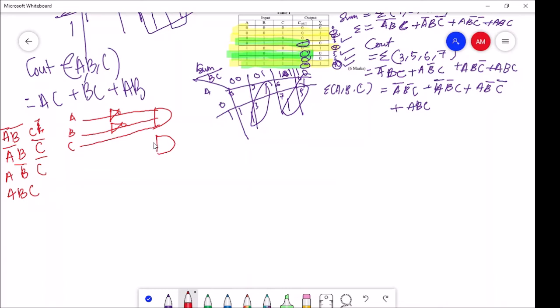For the second expression is A naught, B naught, and C. C naught here.